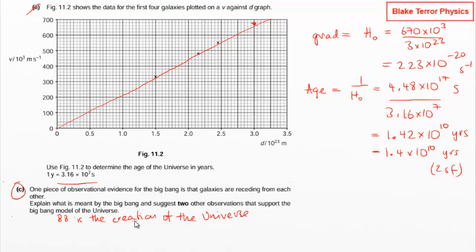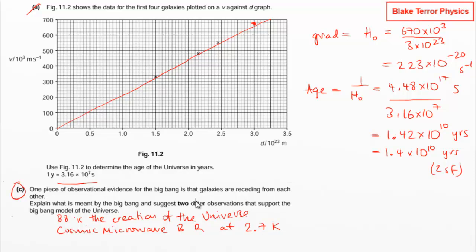Two other observations that support the Big Bang model of the universe. We can say the cosmic microwave background radiation, obviously write it out in full, at 2.7 Kelvin.